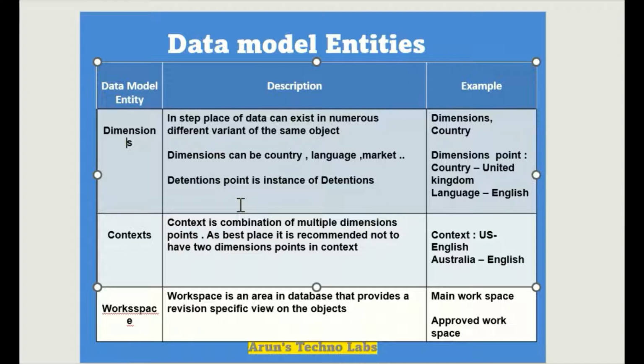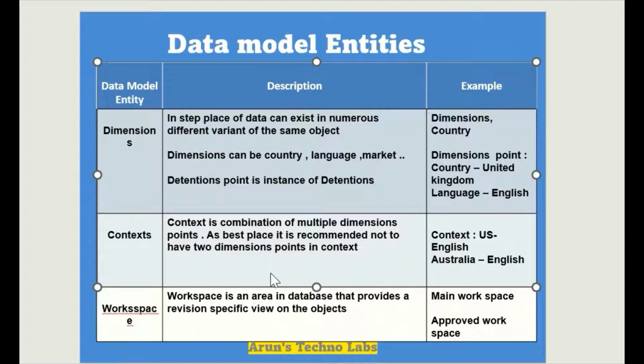So a context can be like US English as a grouping. English Australia is another grouping. It's a combination of one or more dimensions. Basically, the dimensions are common, like the country is the same, but the dimension country is different.